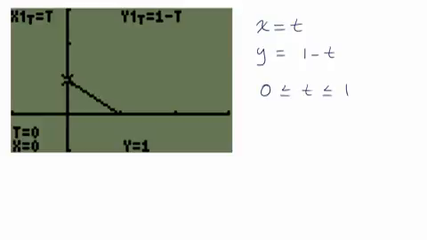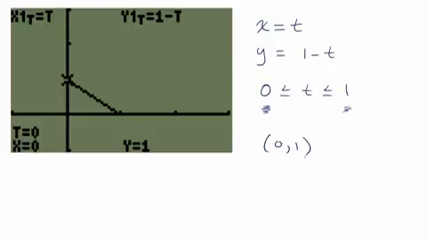Here we have the graph of our parametric equation using our graphing calculator. Recall that the values of t start at 0 and go to 1. So when we let t equal 0, that gives us the ordered pair x equals 0, y would equal 1 minus 0, or 1.